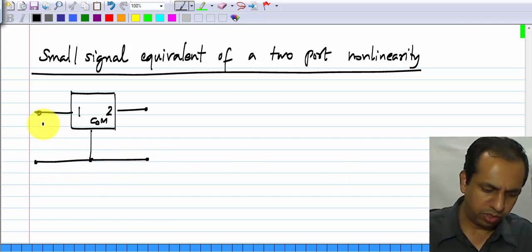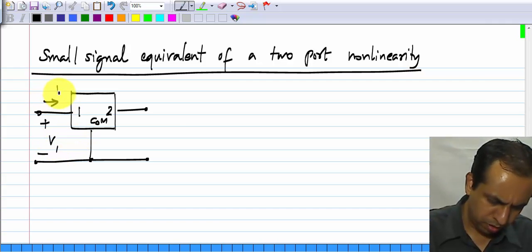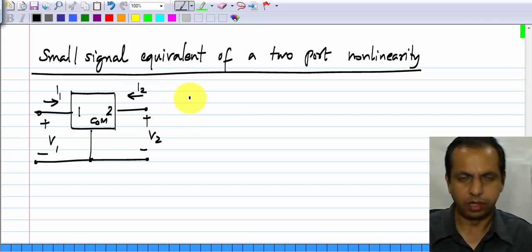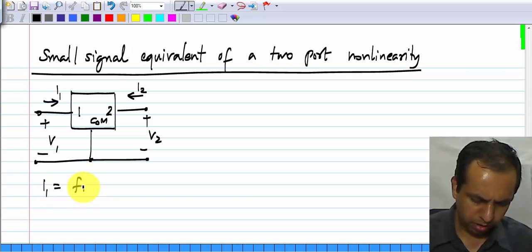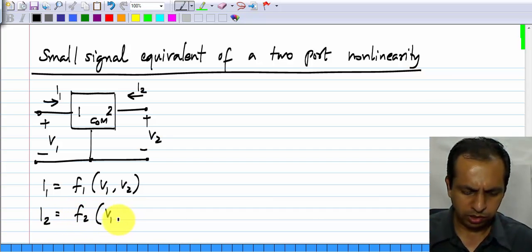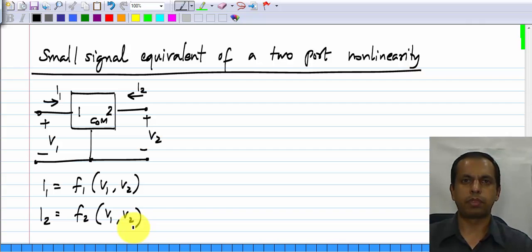This is a two-port nonlinearity, and these are the voltages and currents. Now, we know that I1 and I2 are some functions of V1 and V2.